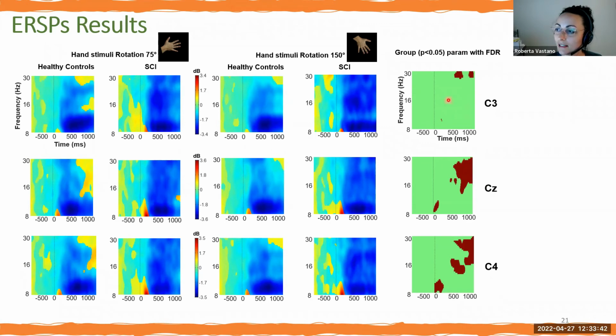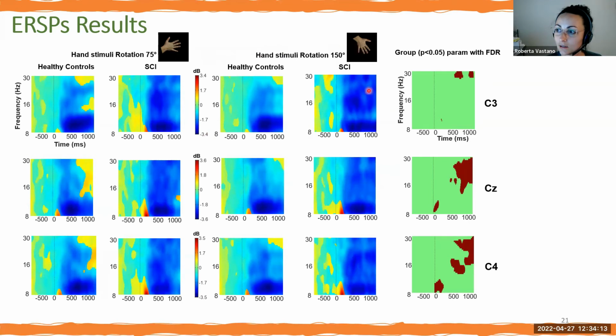This part instead is basically just the comparison between groups. The significant levels are indicated by the red colored map. As you can see, the desynchronization is expressed as the blue color, so power reduction. We found that SCI, mainly in the beta frequency, desynchronized more than control, regardless of whether the rotation was easy or difficult.